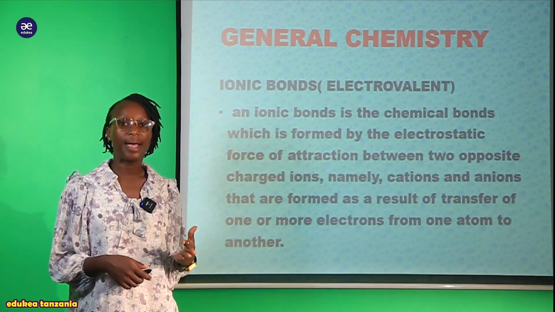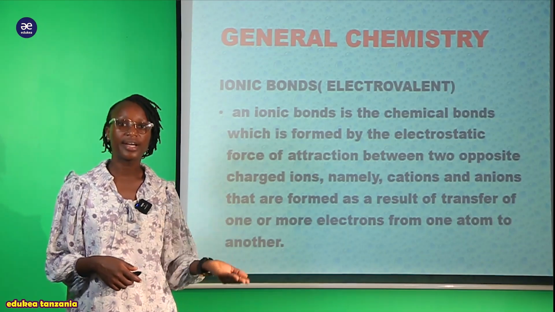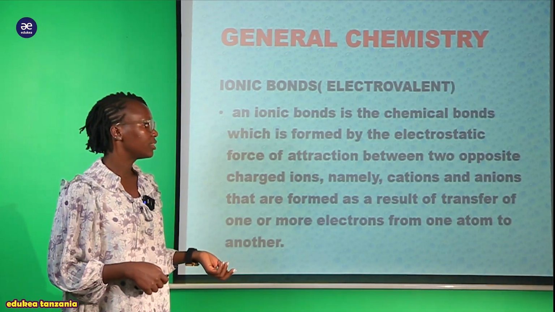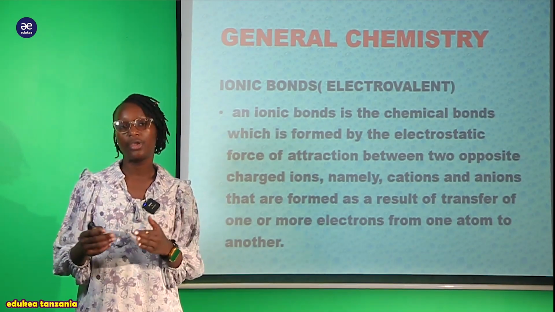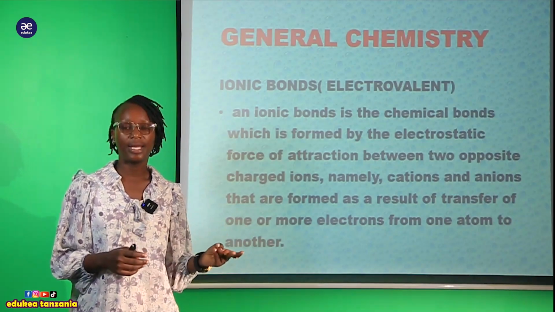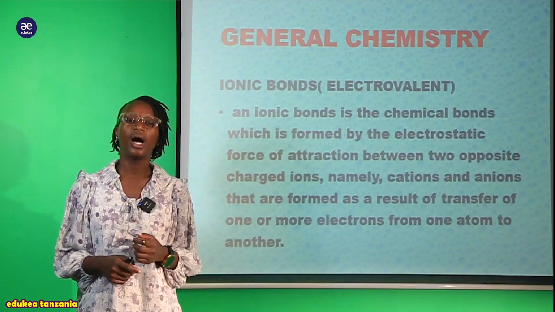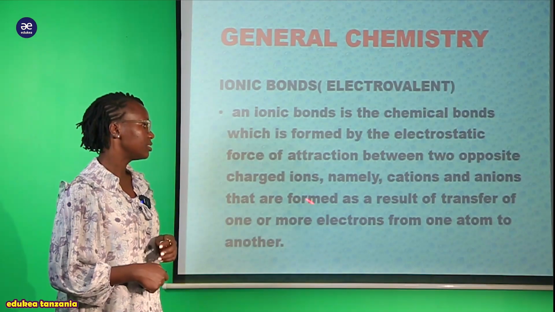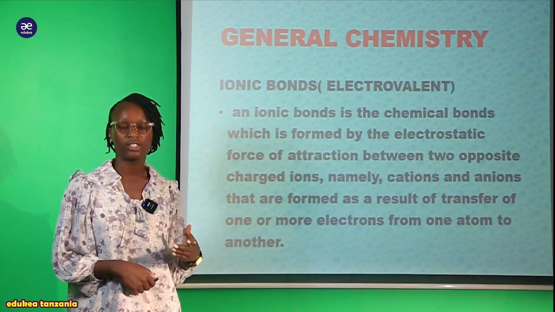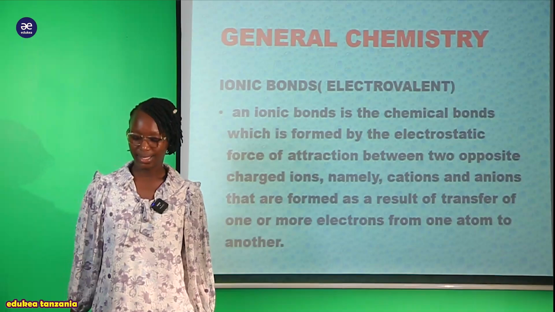It is formed by electrostatic force of attraction between two oppositely charged ions, namely cation and anion. And this cation and anion are formed as a result of the transfer of what? Of electrons from one atom to another atom.